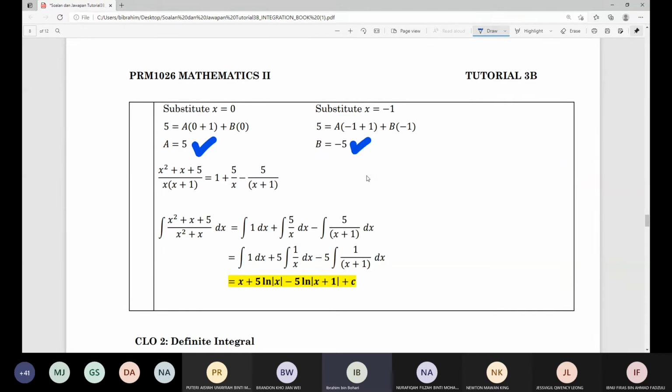It becomes 1 plus 5 over x minus 5 over x plus 1. And last, you integrate as usual, and the answer equals x plus 5 ln x minus 5 ln (x plus 1), plus c.